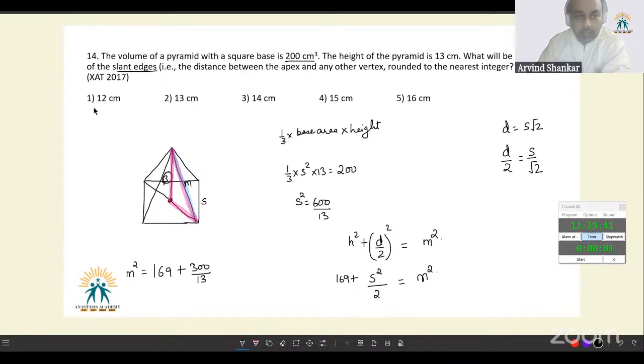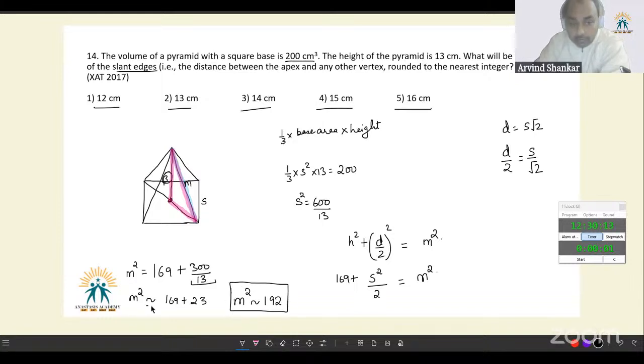Simply, given that the answers are very, very integral in nature and squares jump with a huge gap, I know 299 is divisible by 13. 299 is 23 into 13. So I am approximating it, it is roughly equal to 169 plus 23, or m square is roughly equal to 192.